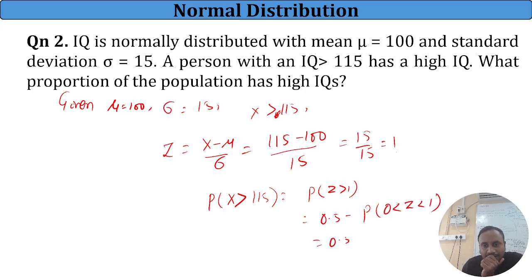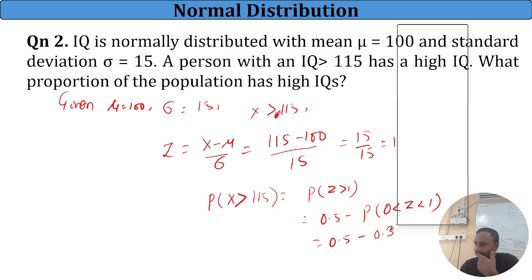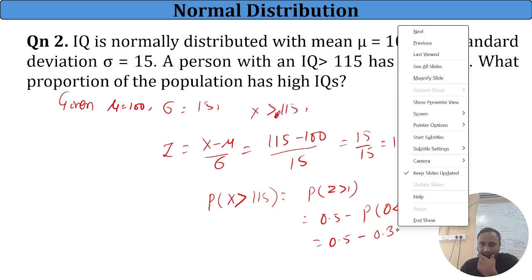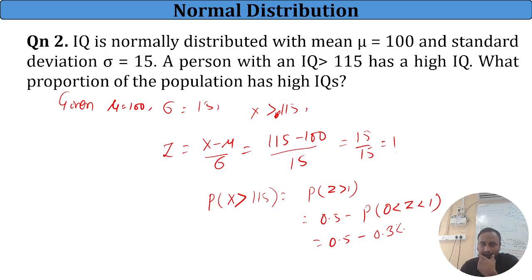Can we do it like this? Yes, sir. So how much is it going to be? Something like 0.15787, so 15.87%.